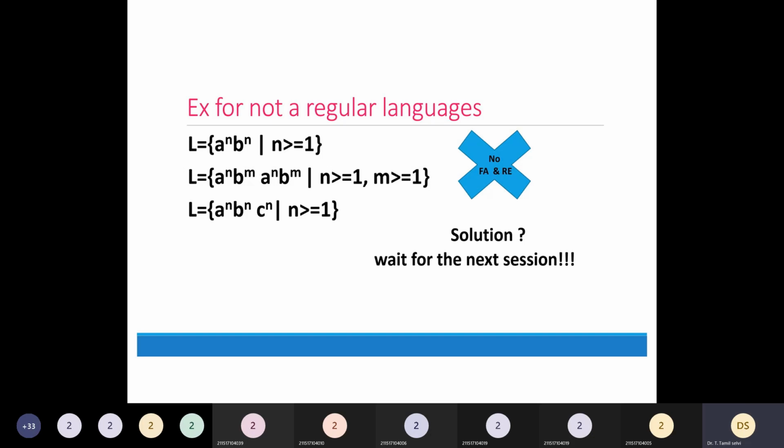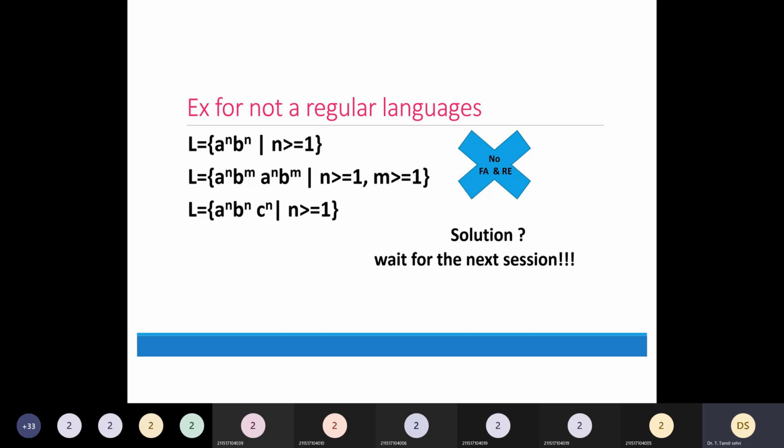You are going to apply the pumping value. Here you have to assign some value to p. What is p? p is nothing but the pumping length. So here I am assigning the value p equal to 2. Again I am applying 2. So x value is a, and then the y value, after applying the pumping length, I'll be getting aa, and then the z value bb alone.